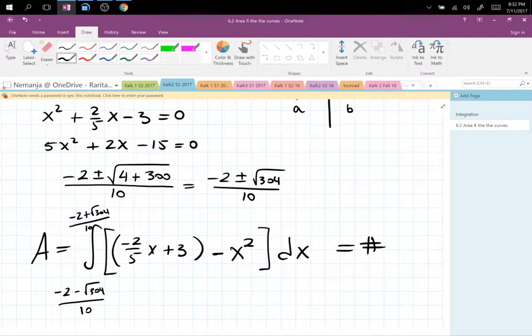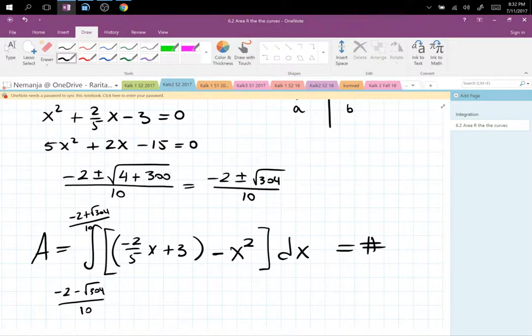Now you can get the decimal for the limits and you can compute all of this if you're interested in those numbers. I'm not interested in that. That's Calc 1. We need to know that we set equations equal to each other to get the limits.